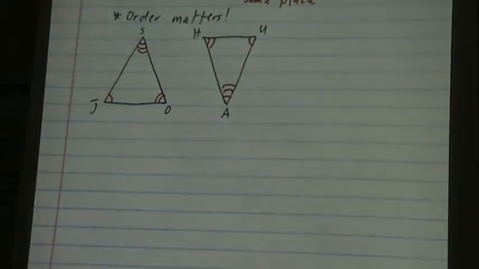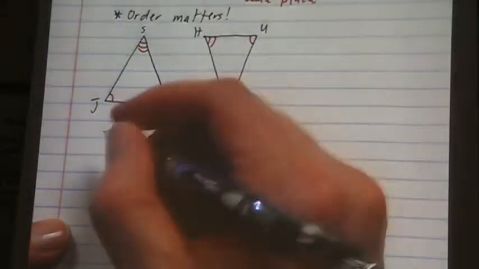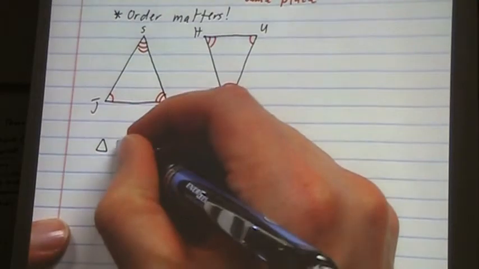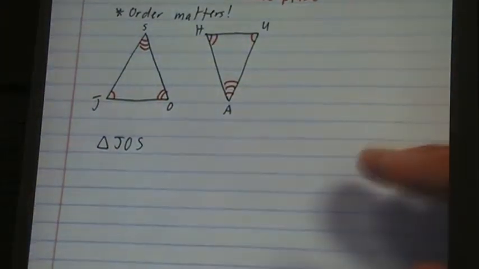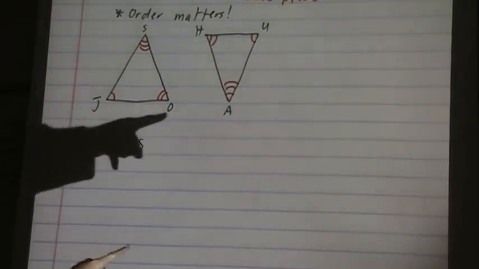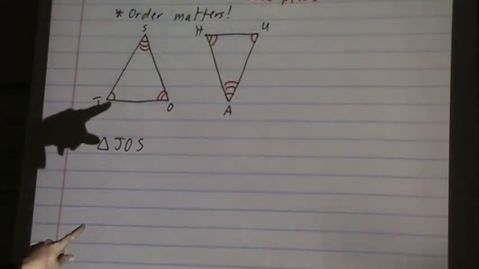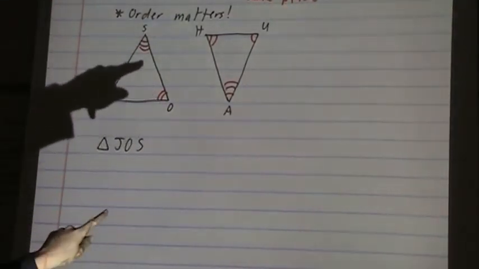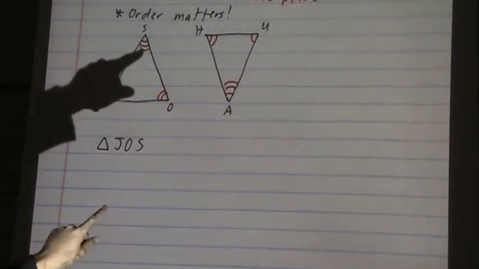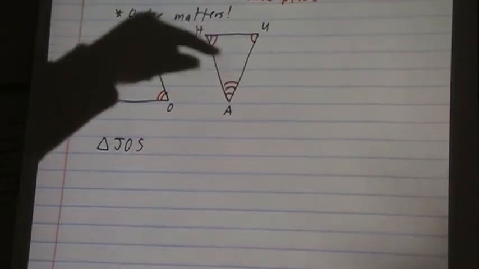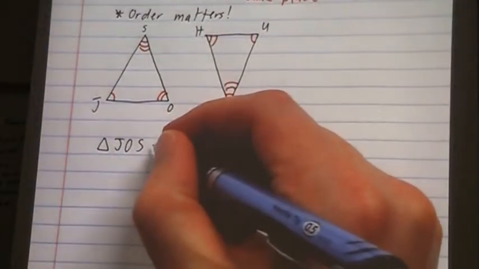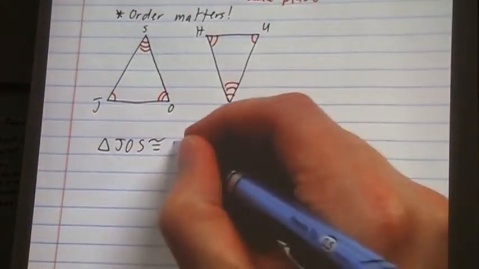And to make a congruent statement, we could go like this. Triangle JOS. And this is where we need to follow the pattern. JOS. If you look at the angle ticks, you're going from angle 1 tick to 2 ticks to 3 ticks. JOS, 1 tick, 2 tick, 3 tick. UHA. And the congruent sign, remember, is an equals sign with a squiggle above it.